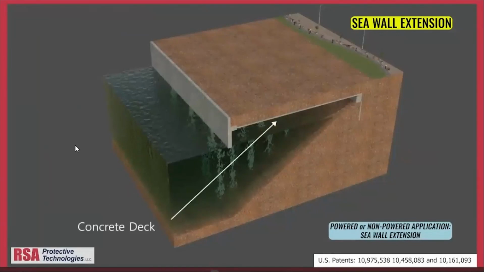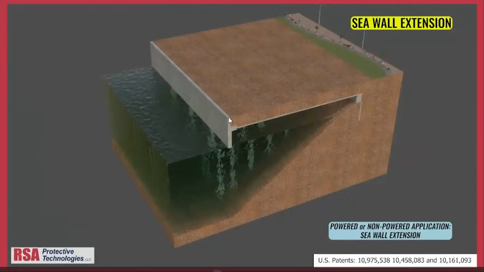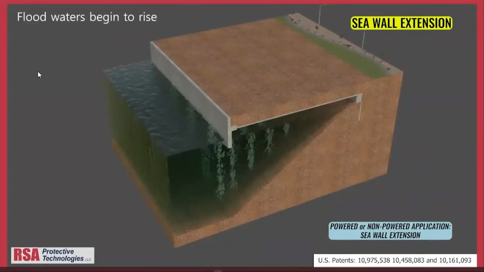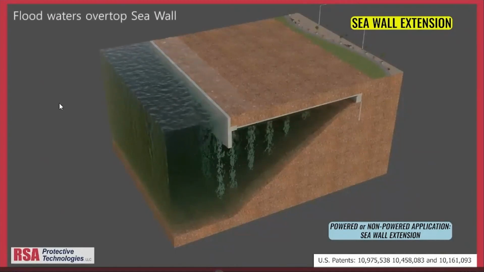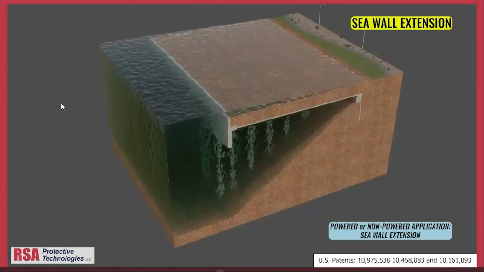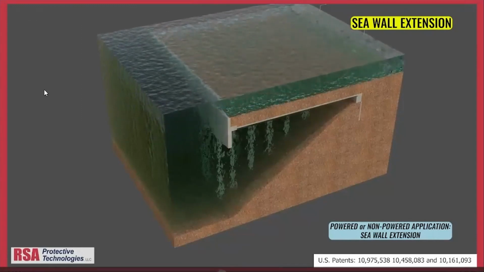Here's an installation that was attached to an existing seawall. The seawall wasn't tall enough really to prevent flooding, so it was going to be a retrofit to an existing seawall area. This shows the flooding before the flood wall extension was added.